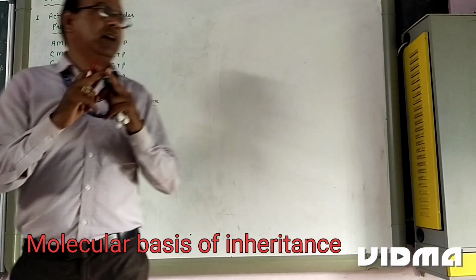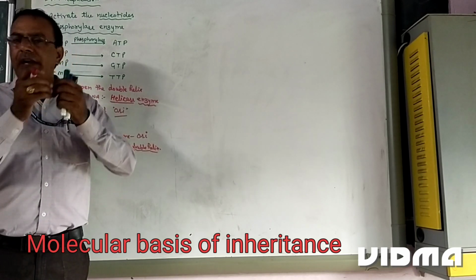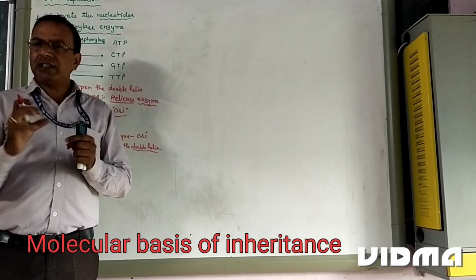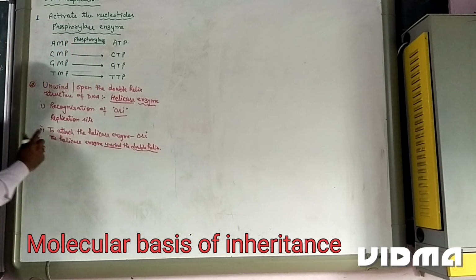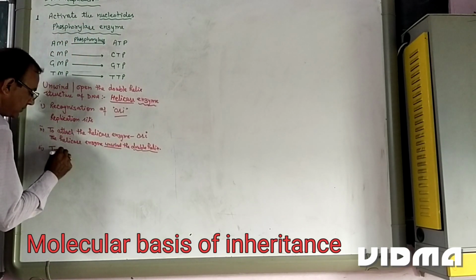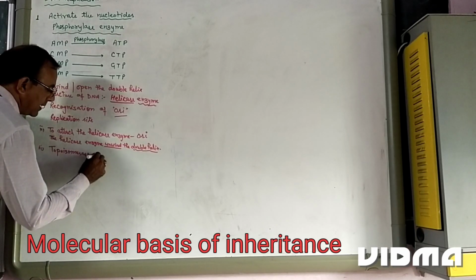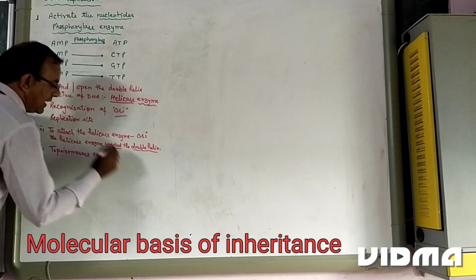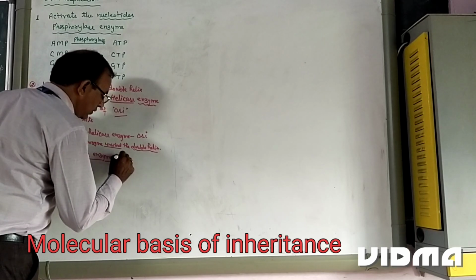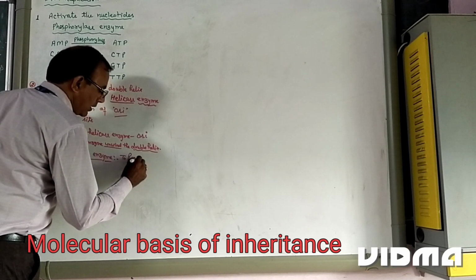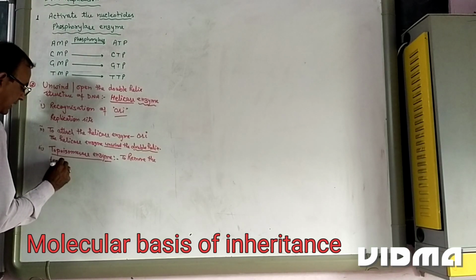Whenever two strands are twisted over each other and we unwind them, there is some tensile force which attracts them to each other. So after that, the topoisomerase enzyme removes the tension.